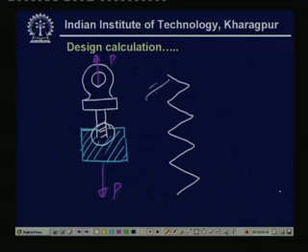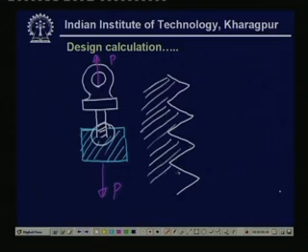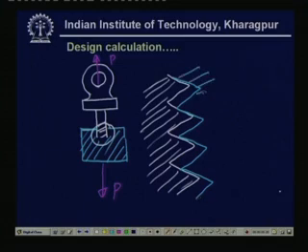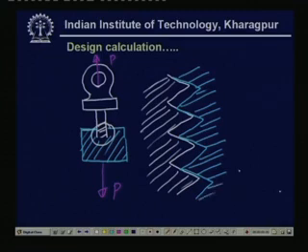This is the part of this screw, and the other part corresponds to the nut. Definitely there will be clearance between the nut and the threads of the bolt.